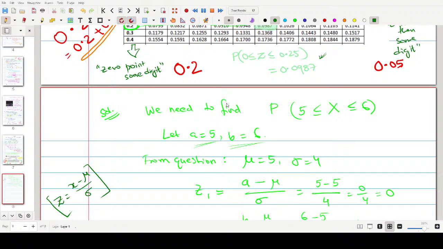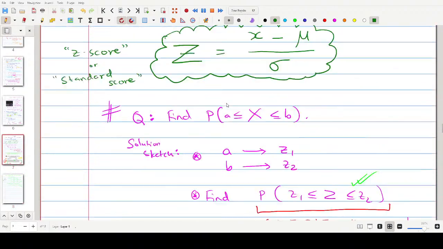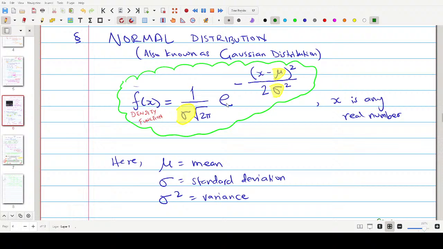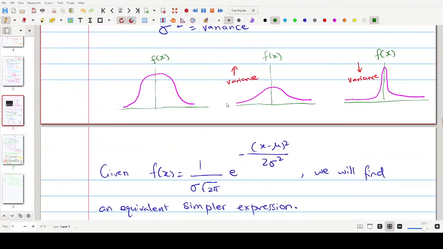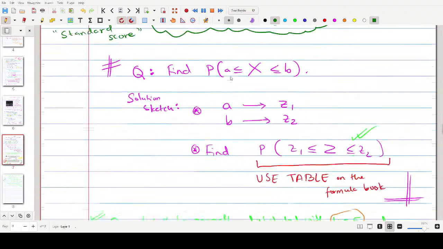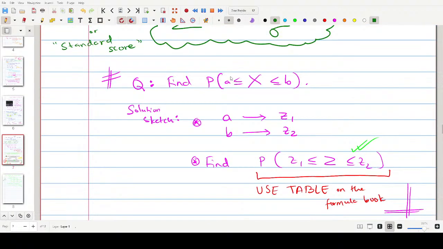Okay, so a little revision about this topic on normal distribution, which is also called the Gaussian distribution. This is the density function, and as you have seen while solving the problem, we do not need the density function at all, right? Because we are able to convert the value of x into z, which is a standard score or the z score. And in order to find some given probability, we convert the x values to z values, right?